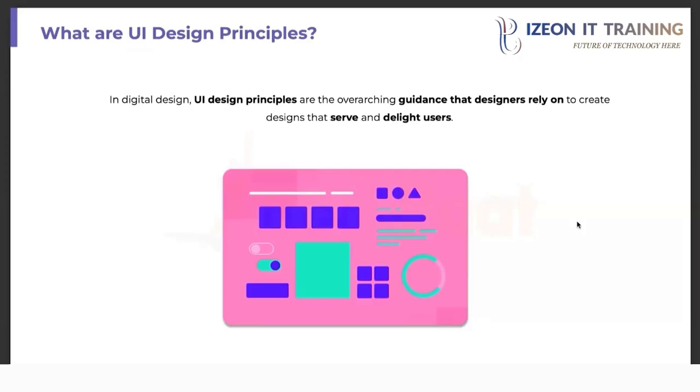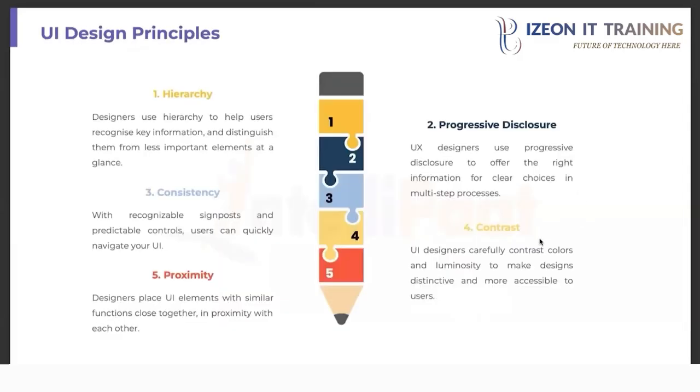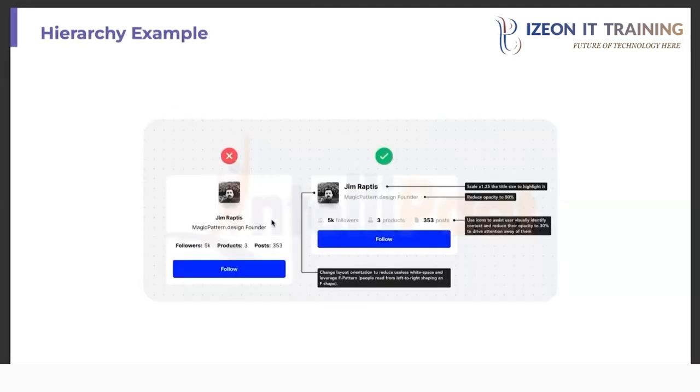When I say good design, it's not only aesthetics; it should be beautiful as well as functional. So let's see those: hierarchy, consistency, proximity, progressive disclosure. Let's go through the examples and see these one by one, rather than seeing them all on one slide. Let's see the hierarchy example.